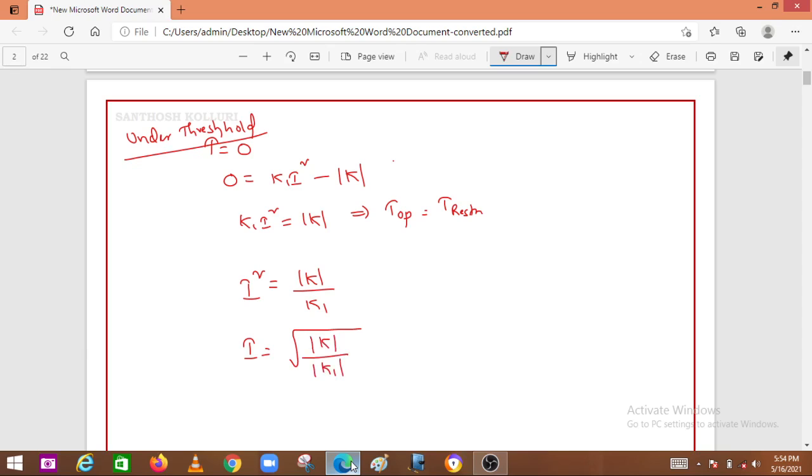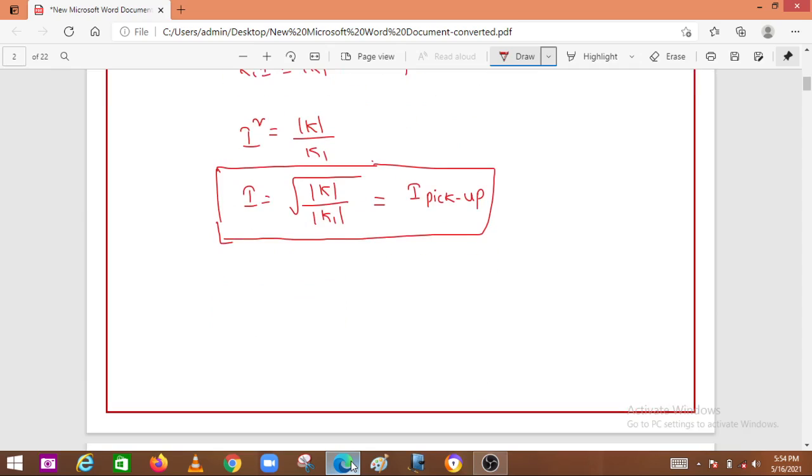This current is called the pickup current of the relay. The pickup current of the relay is equal to the square root of K by K1.